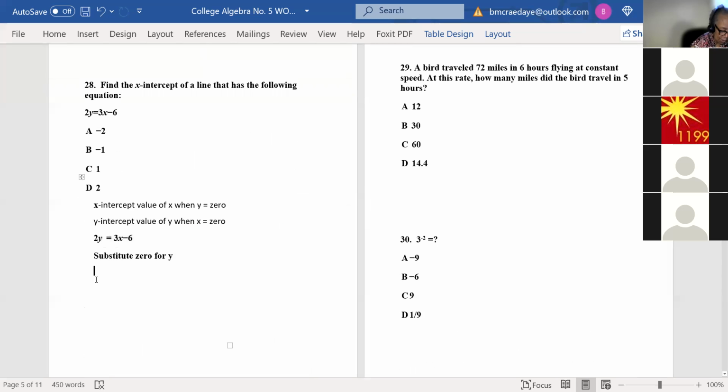So this will be 2 times 0. And like you said, Latoya, that's 0. So on the left side, I will have 0 equal 3x minus 6. Now, what do I do next, Latoya?